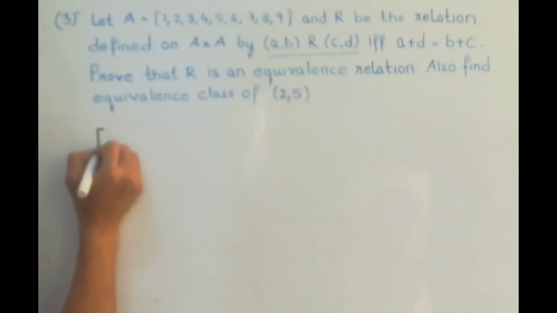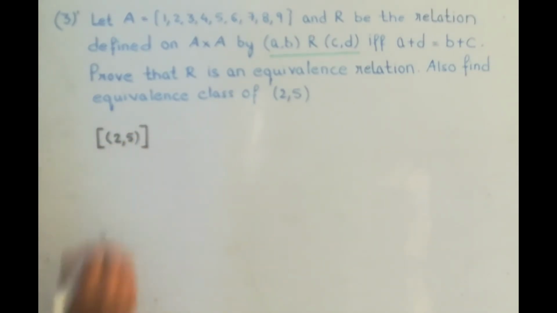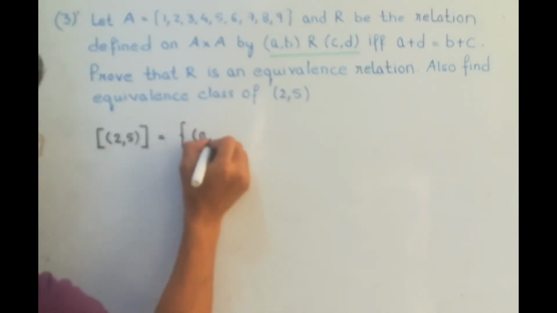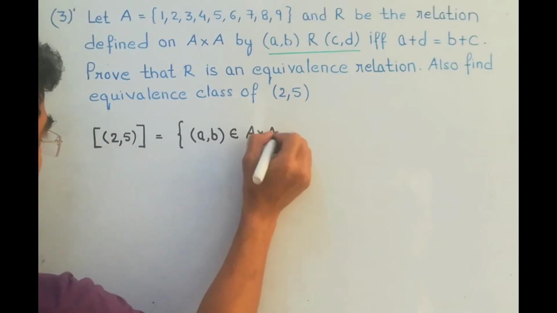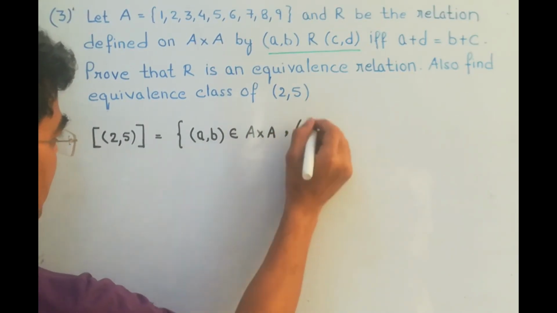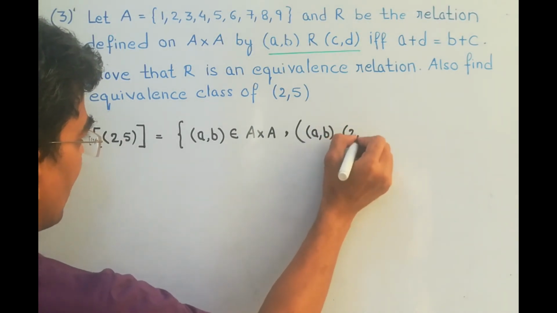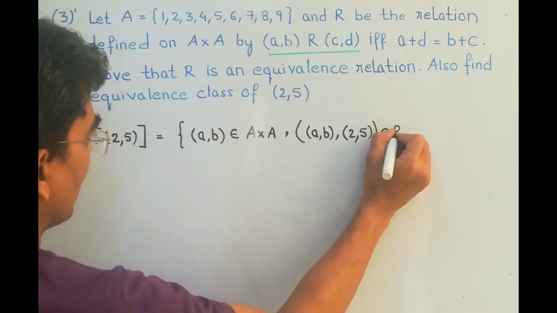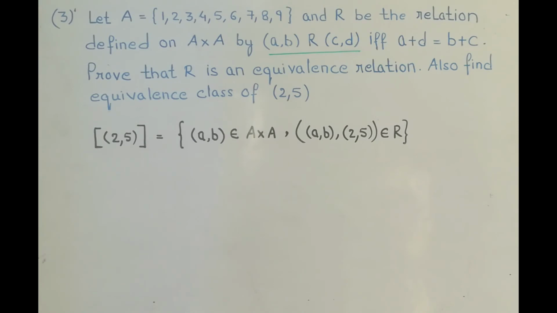See, this is the symbol for writing the equivalence class, and this will be the meaning of the equivalence class of ordered pair (2, 5).